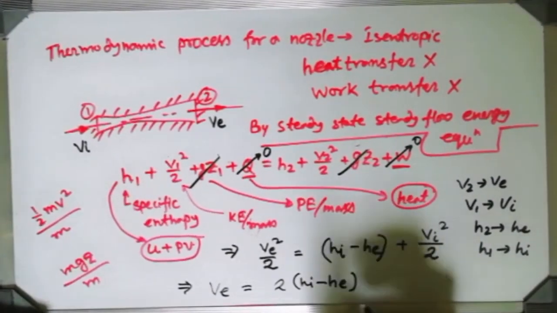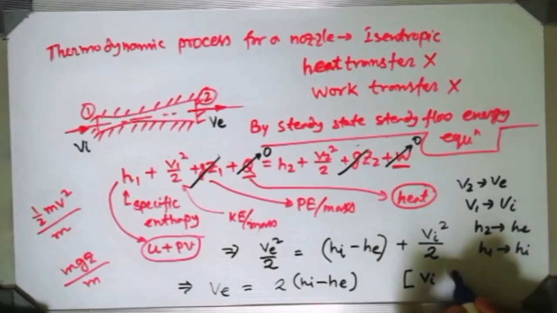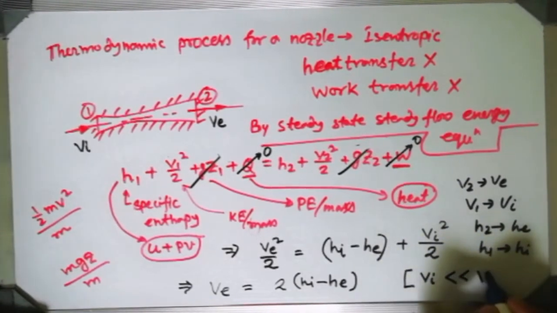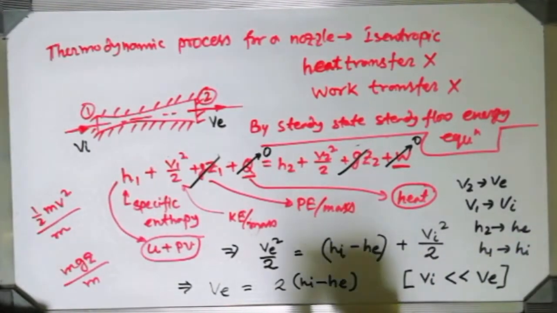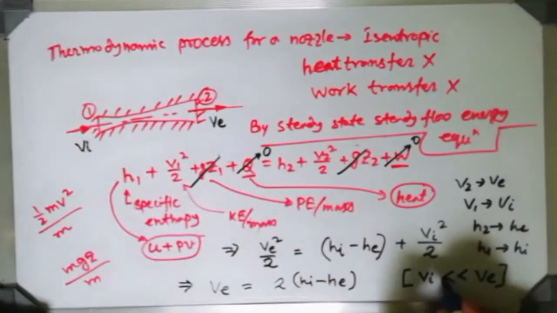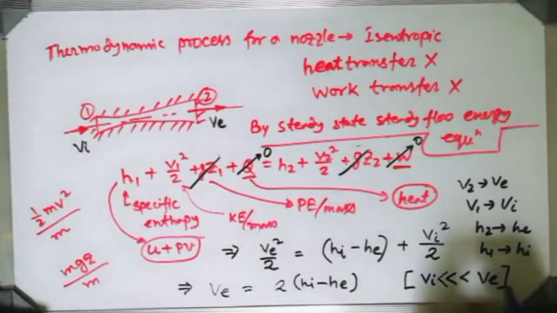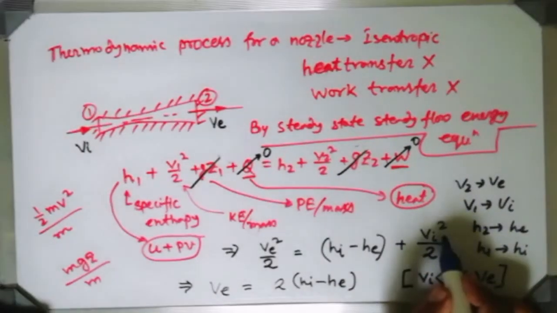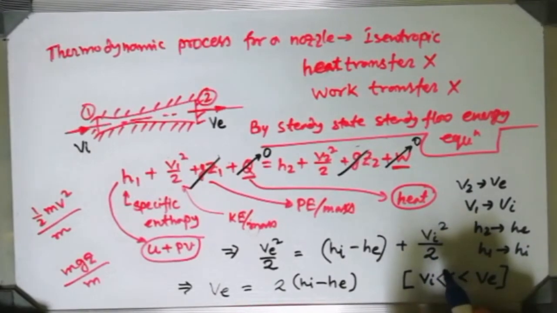If we ignore that VI is so small compared with VE, actually it happens so. If we consider that the inlet velocity is much less than the exit velocity, then the square of that divided by 2 can be neglected. So I can write like this.